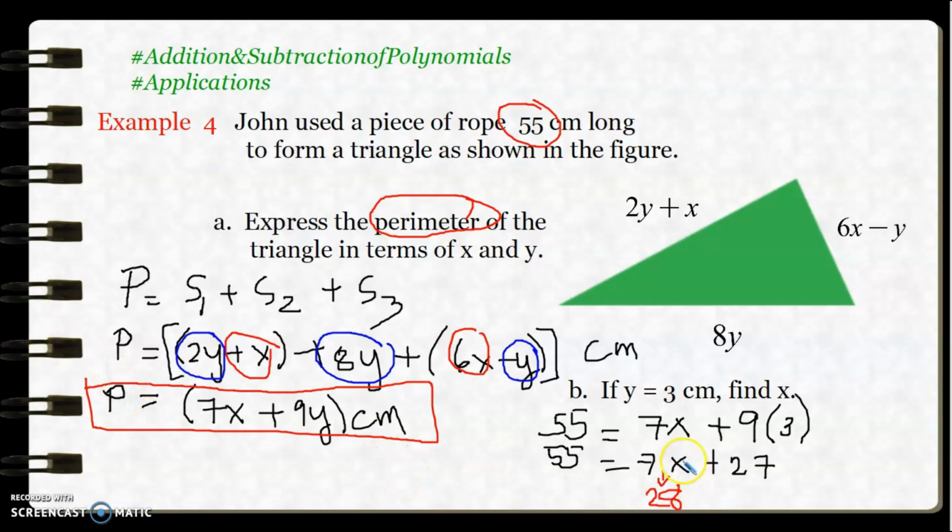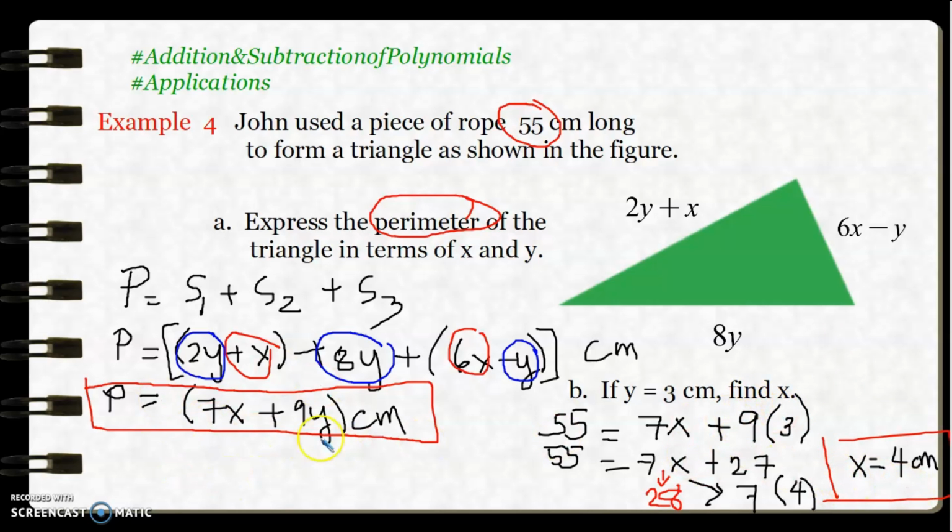Yes, so we now have here, it's going to be 7 times 4. Okay, 7 times 4 is 28. So we say that your x is 4 centimeters. Okay, there you go. X is 4 centimeters.